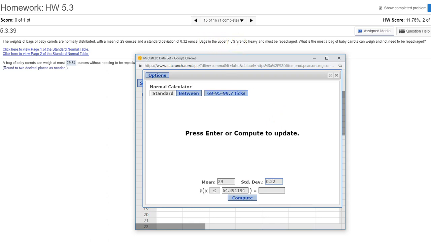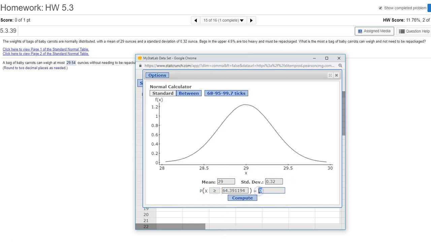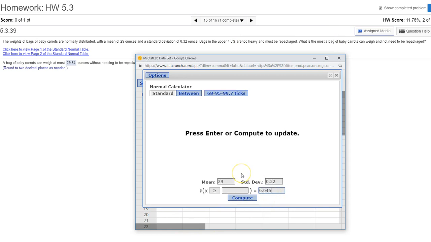Upper 4.5 is on the right hand side, so change upper 4.5 percent into decimal, which is 0.045. So I'm going to go ahead and plug that in. 0.045.